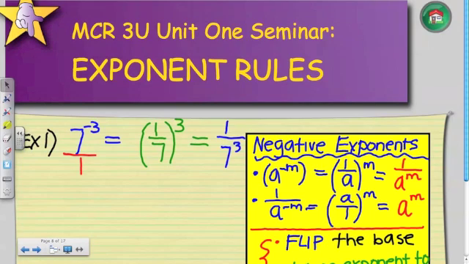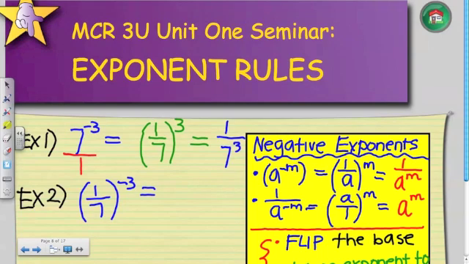Now, if we start off with the reciprocal of 7, so if we start off with 1 over 7 to the power of negative 3, to flip that will become 7 over 1 to the power of positive 3, which is simply just 7 to the power of positive 3. Okay, so flipping the base is very, very straightforward.